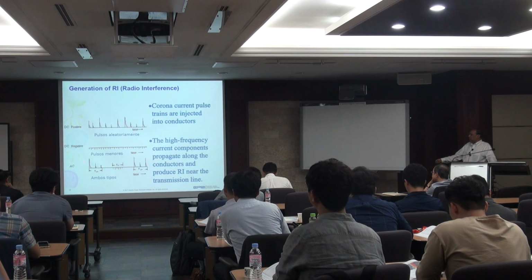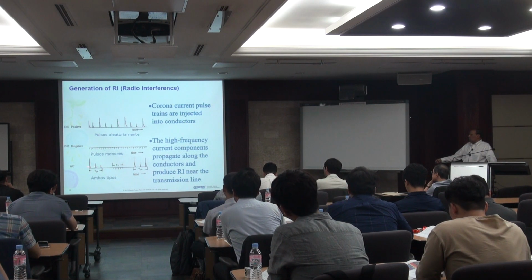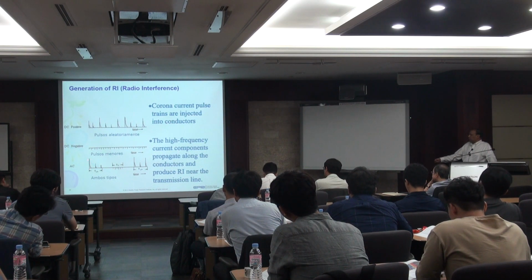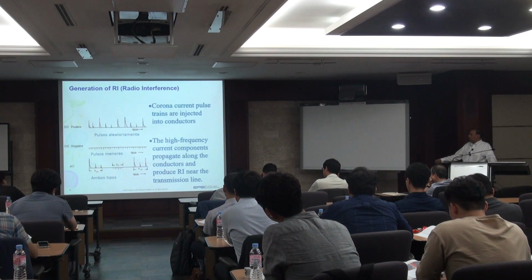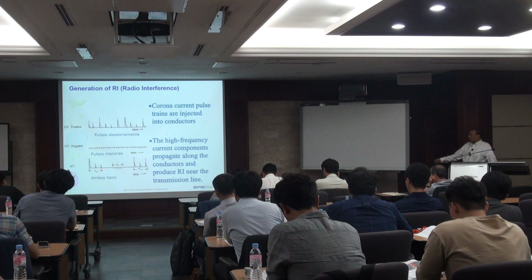So you see these magnitudes. AC also has these pulses, but the magnitude and the time duration, or frequency, how often they happen. This is the positive cycle, for example, in the AC case, and the negative cycle.